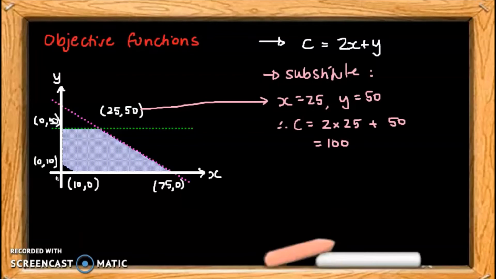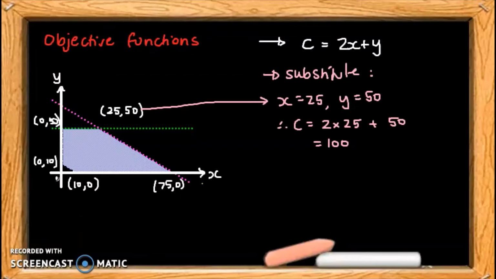So that's one value that I get at this point. Now I do have to remember that this point doesn't include the point 25, 50, but we're using it anyway in this example. Now let's imagine I have a look at the point 75 and 0.